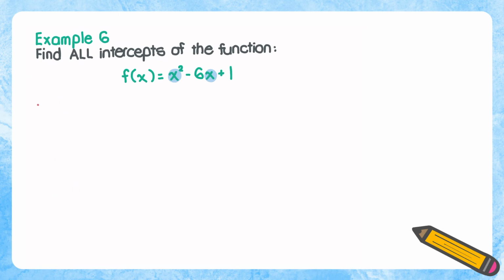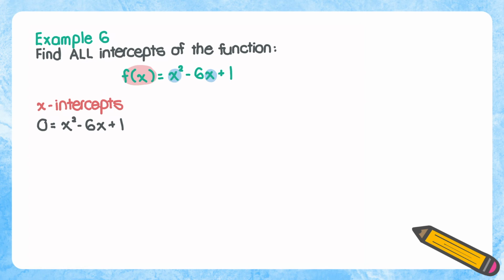Next, let's find the x-intercepts. So what is x when y equals 0? So we're setting this equal to 0. We have 0 equals x squared minus 6x plus 1.